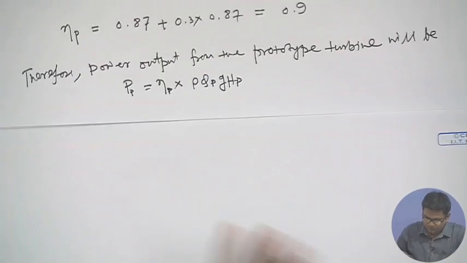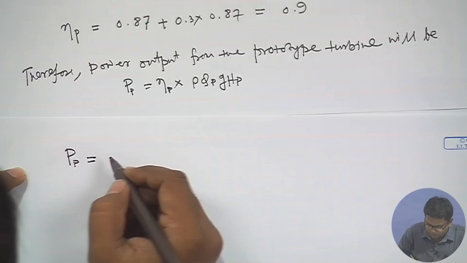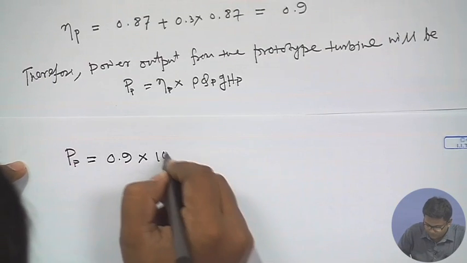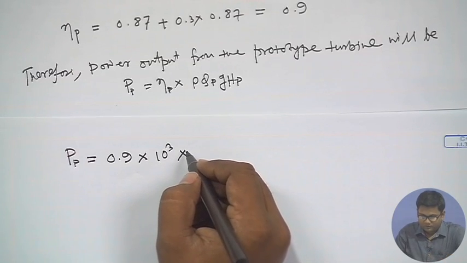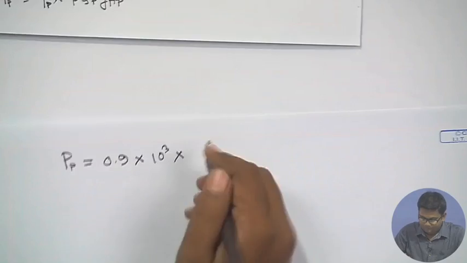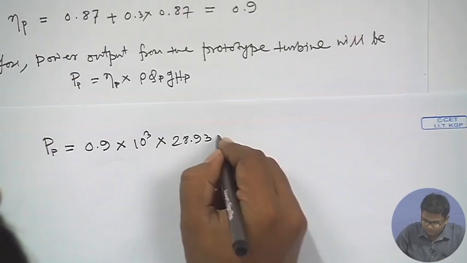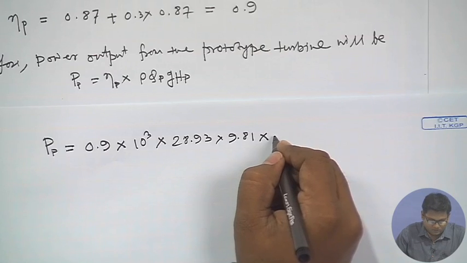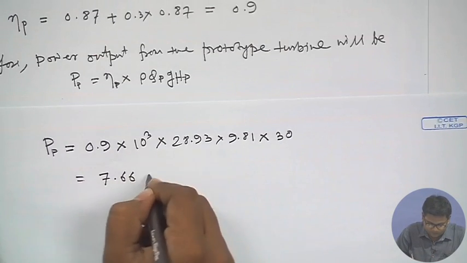Now substituting different quantities, power from the prototype turbine can be obtained as: efficiency is 0.9, rho is 10 cubed, Qp we have obtained, so 28.93, g is 9.81 and H is given as 30 meter. So this will give 7.66 megawatt.